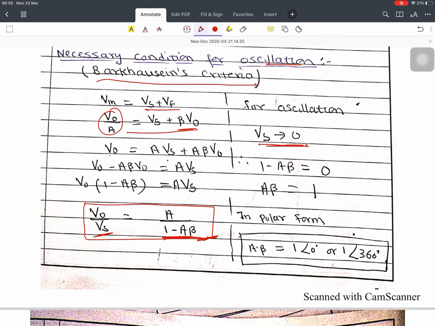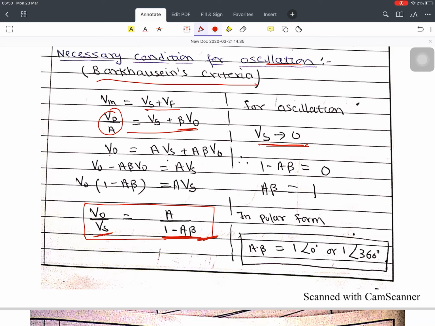When I write it in polar form, I see A into beta is 1 at 0 degree or 1 at 360 degree. From here I get two conditions. First condition, total phase shift around the loop must be 0 degree or 360 degree, and total gain must be unity.